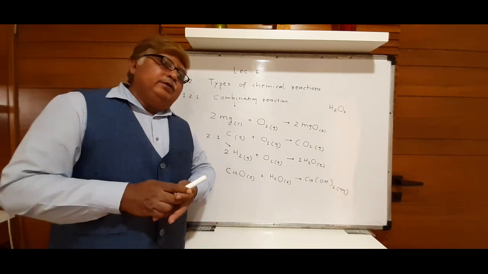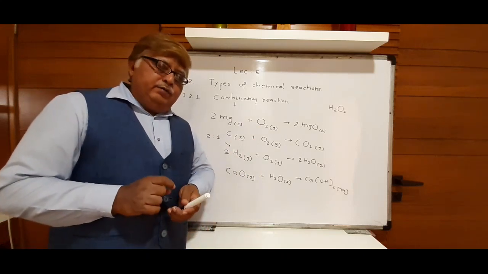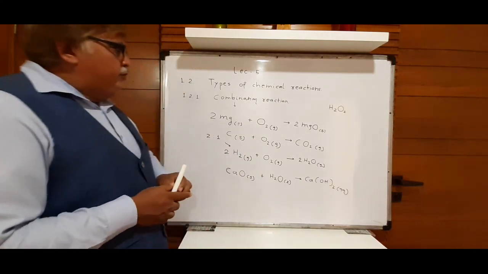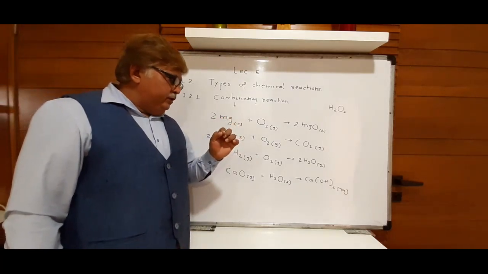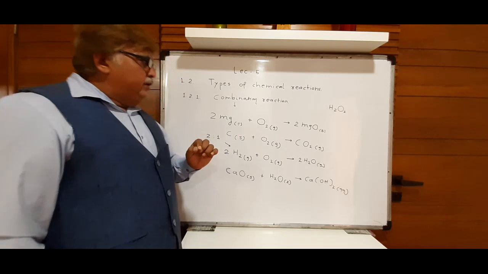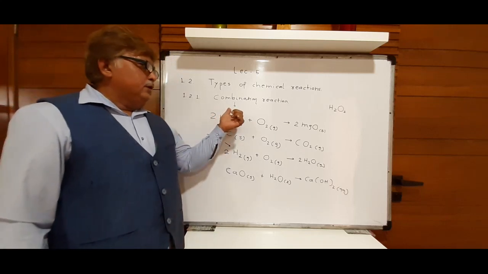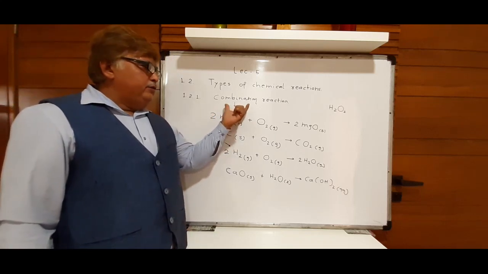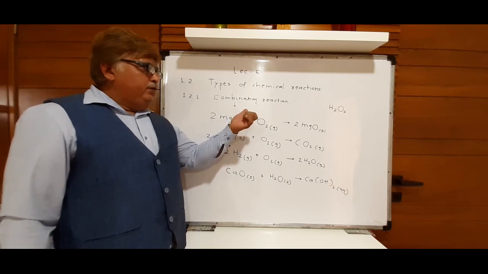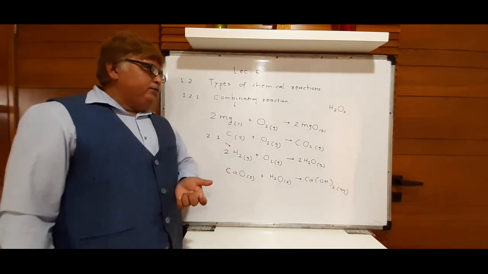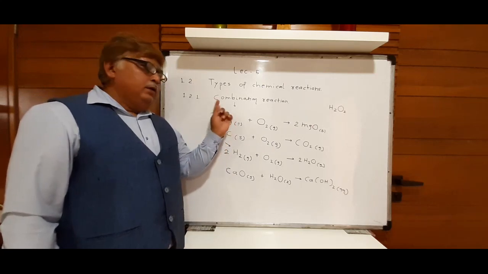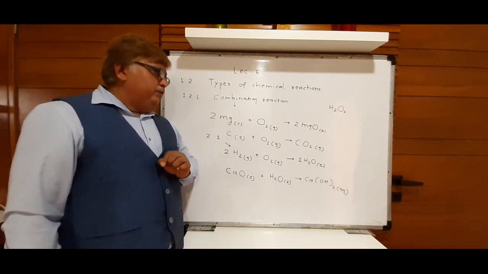So how can you define, when I speak the definition of combination reaction, my dear student, you should write with me. If you are asked in exam, define combination reaction, understand how will you define? It can be defined in this way.